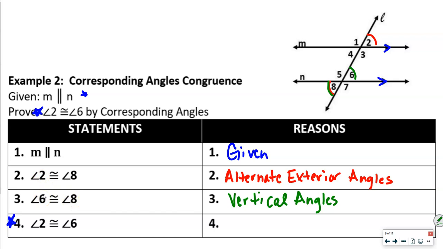And this is an example of the transitive property, okay? That's what the transitive property is when we have 3 different angles that are congruent to one another. And even in the drawing, you can see that, because see the 2, the 6, and the 8? That's how we know that was the transitive property as well.